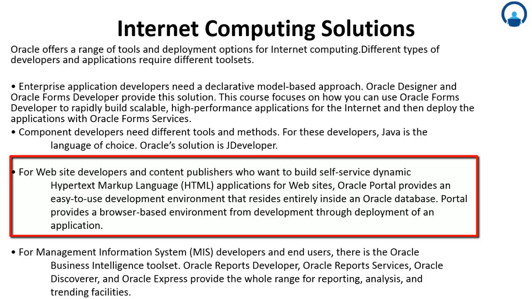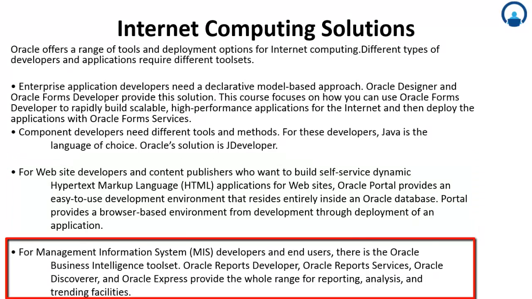Portal provides a browser-based environment from development through deployment of an application. For Management Information System, that is MIS, developers and end users, there is the Oracle Business Intelligence toolset: Oracle Reports Developer, Oracle Reports Services, Oracle Discoverer, and Oracle Express provide a whole range of reporting, analysis, and trending facilities.